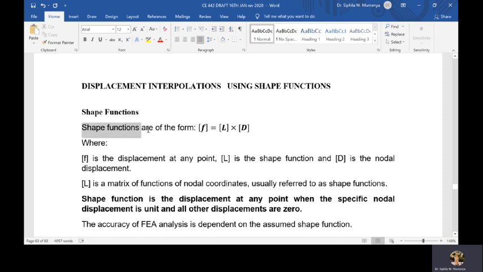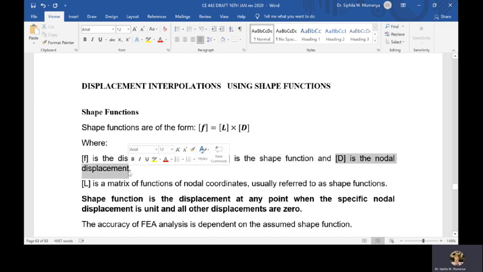They are of the matrix form F is equal to L times D, where F is the displacement at any point. L is the shape function, and D is the nodal displacement.